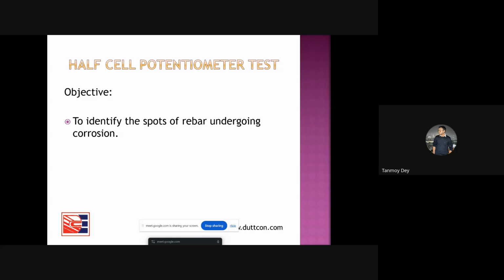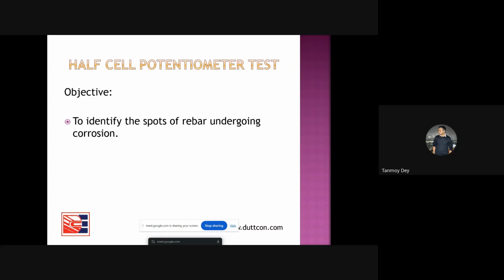Next, how do you know about corrosion inside? Will you open up the whole structure to know how much corrosion the TMT bar has got? No. This particular method, the half-cell potential test, gives us an idea of how much corrosion the TMT bar inside the RCC has undergone.